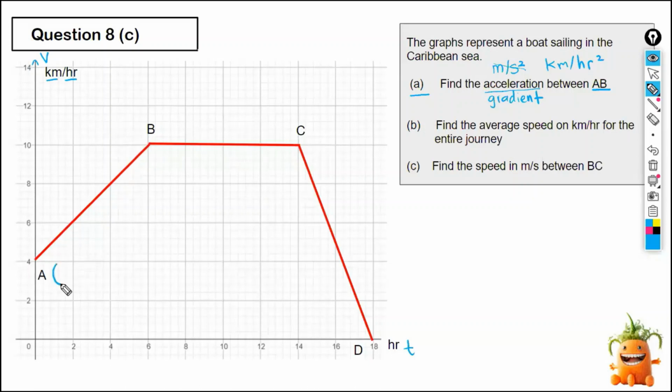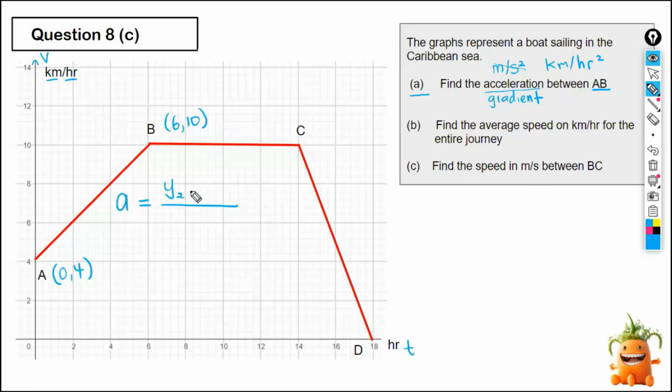I'm going to give you the 2 points here. A is (0, 4), B is (6, 10). Good luck. So to find the acceleration, I'll put A for acceleration, which is the gradient.